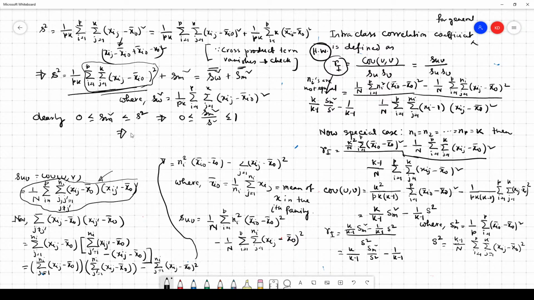And if you multiply by k, k Sm square by S square minus 1, this should be this. And if you look at the formula, this is nothing but Ri.